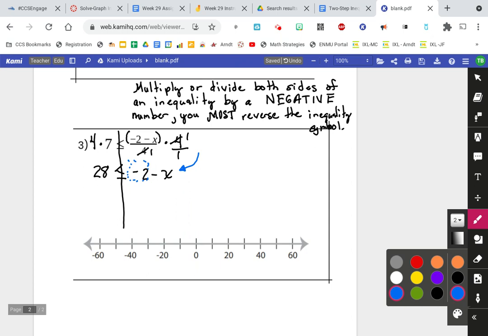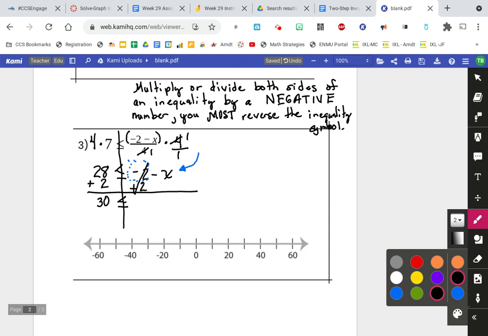The opposite of a negative 2 is a positive 2. We can also think of that as adding 2. But what we do to one side, we have to do to the other. So 28 plus 2 is 30, is less than or equal to, and then negative 2 plus 2 is 0.